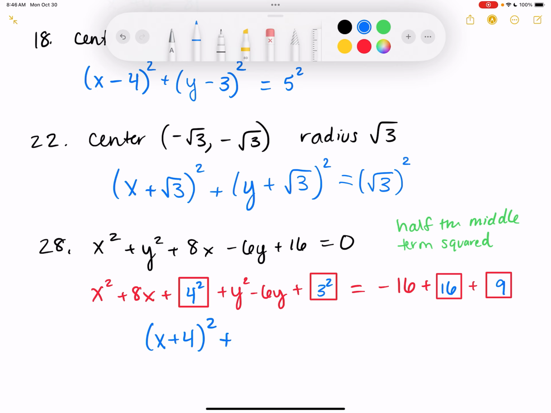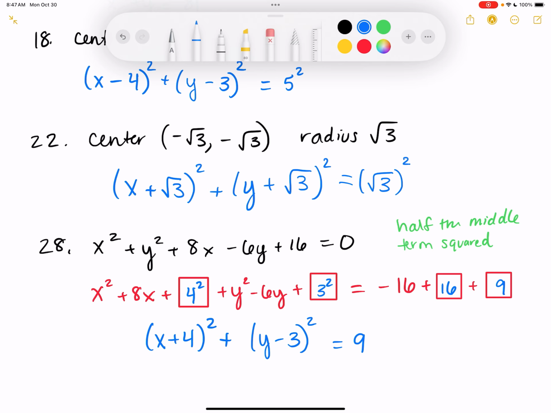So this is going to be y, but now it's a minus because the middle term is negative, so it's going to be y minus 3 squared. And that's why I just write these as whatever the number is squared, because that tells me what number is going in the parentheses. Is equal to 9.